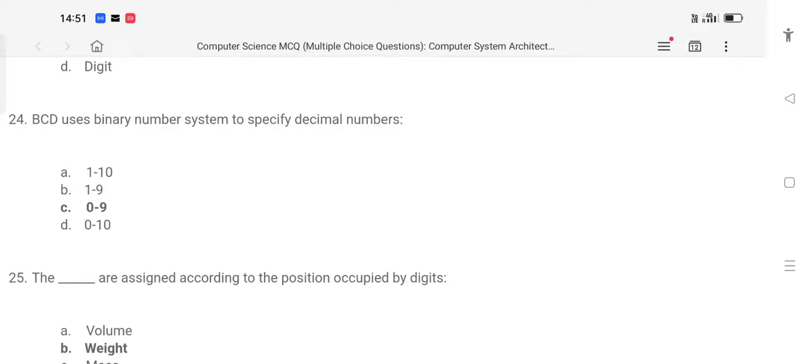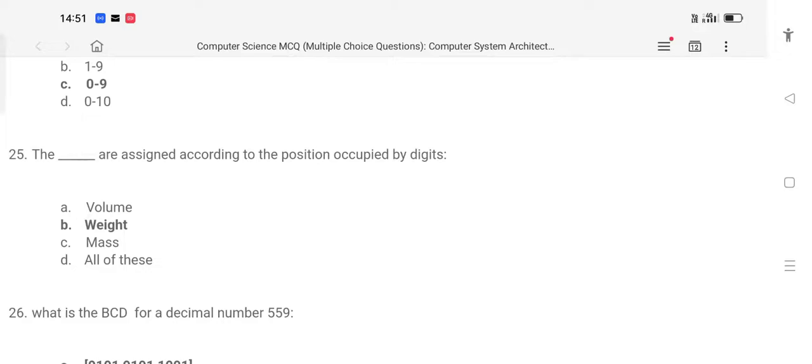Answer வந்து 0 to 9 வந்து என்னது BCD. BCD means binary coded decimal. The dash are assigned according to the position occupied by digits. Weight. The weights are assigned according to the position.